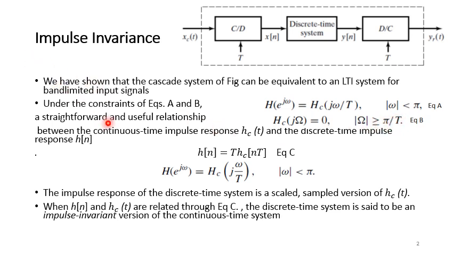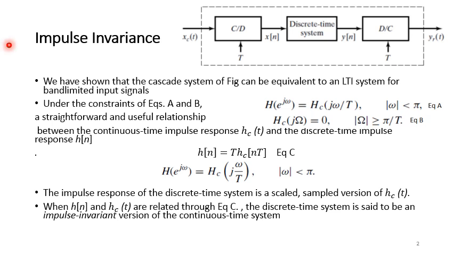So using these relations we can find the relationship between the continuous time impulse response hc(t) and the discrete time impulse response h[n] by equation C, which is shown here. When we convert the continuous time signal xc(t) into a discrete one, we find that we have scaling by 1 by T, and we have replicas of the original signal around 2 pi.